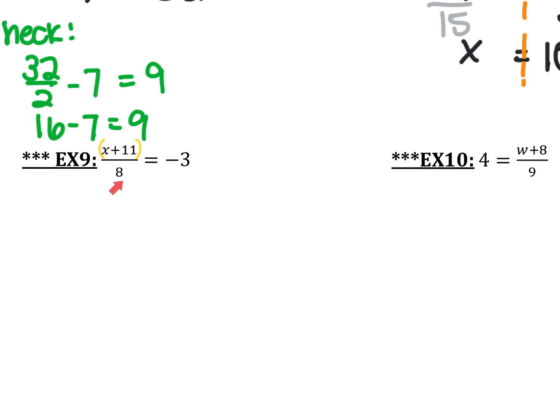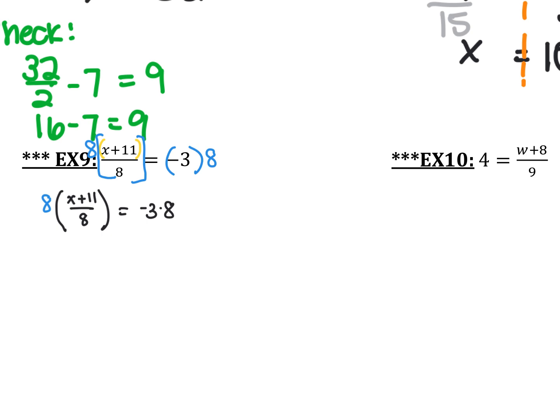I need to undo this divided by 8. To do that, I'm going to multiply this whole fraction here by 8 and this by 8. I'm actually going to write it down here just so you can see it a little bit clearer. So I've got x plus 11 over 8 equals negative 3 times 8.